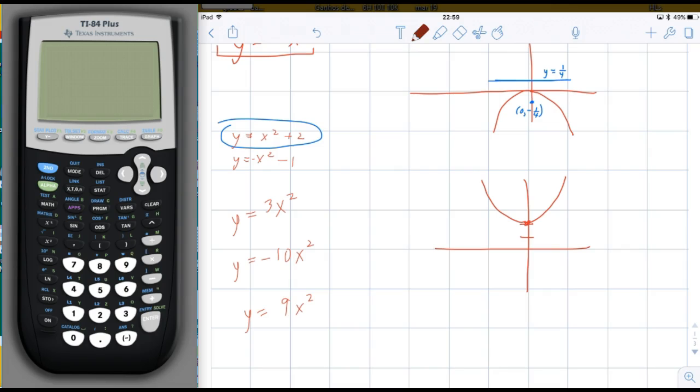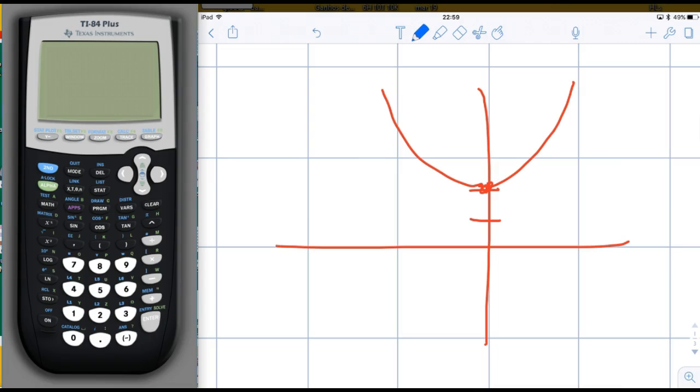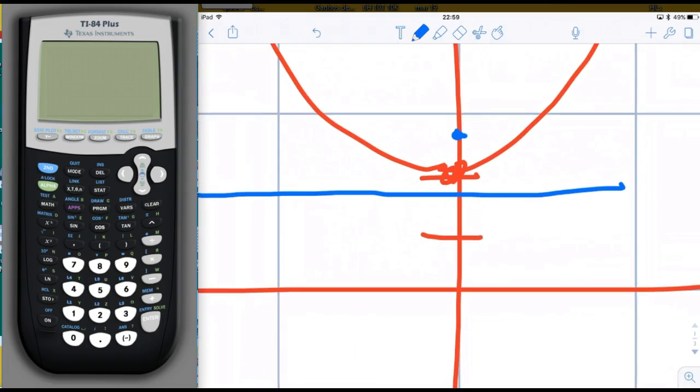Now, if we were going to draw the directrix and the focus for this one, it would still be a distance of 1/4 away from the vertex to the directrix. It would still be a distance of 1/4 away from the vertex to the focus.